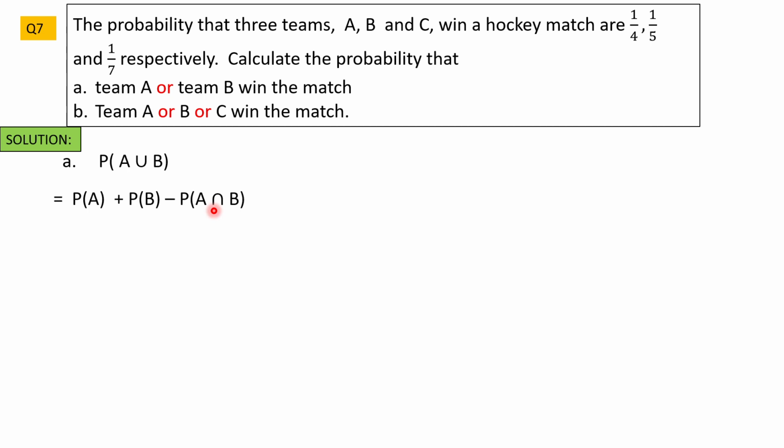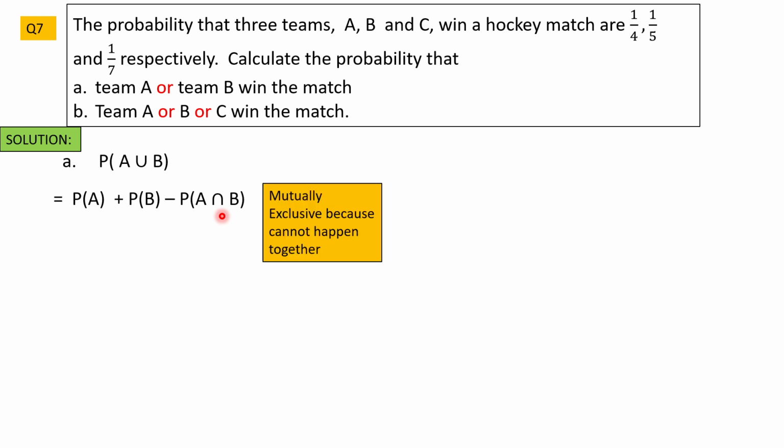So here event A and event B cannot happen together. That means team A and team B winning the match at the same time is impossible. Therefore, it is a mutually exclusive event because these two events cannot happen at the same time. Therefore, the intersection between set A and set B equals 0.